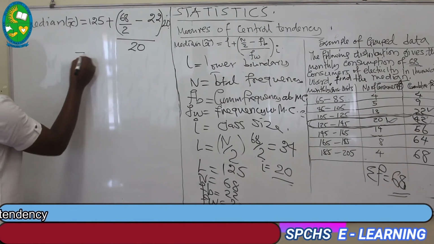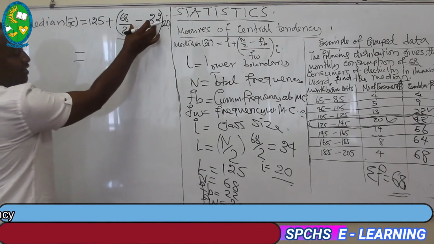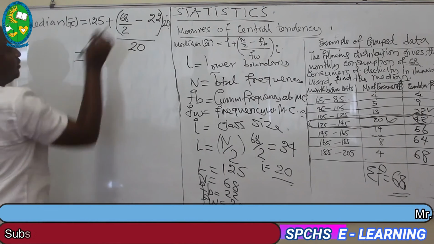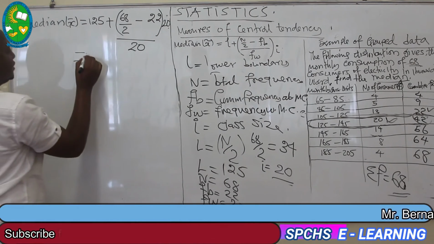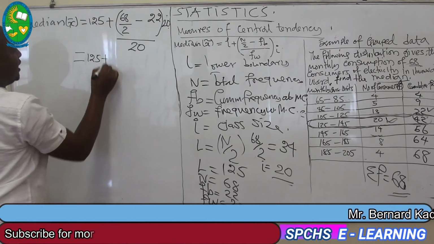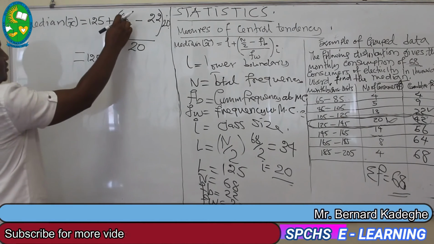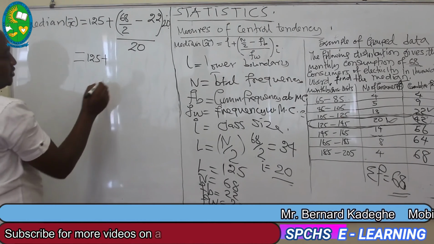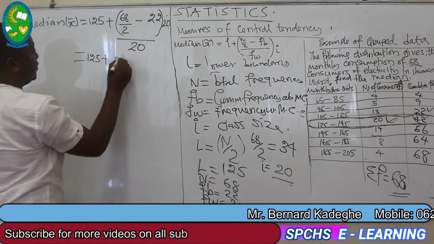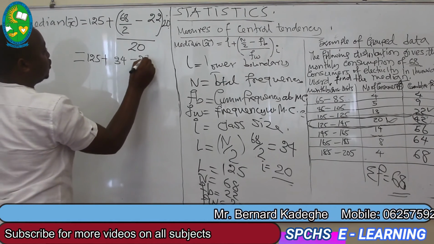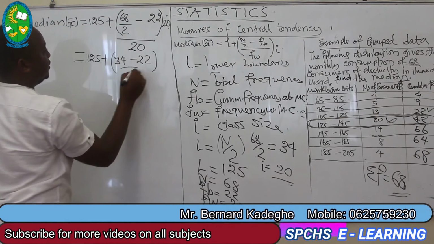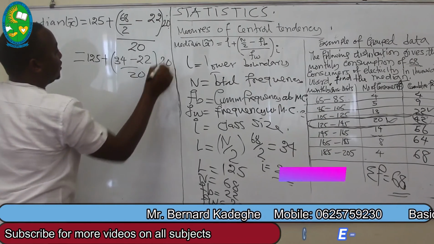So you start by dealing with the numbers inside the brackets. We have 125 plus 68 divided by 2, this must be 34, minus 22, divided by 20, times 20.